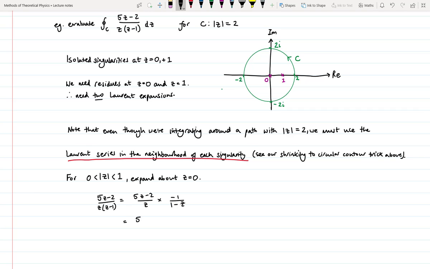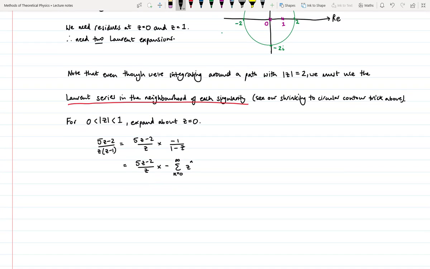We can write this now as 5z minus 2 over z times minus the sum from n equals 0 to infinity of z to the n. Writing out the first few terms, we have 1 plus z plus z squared, and so on.